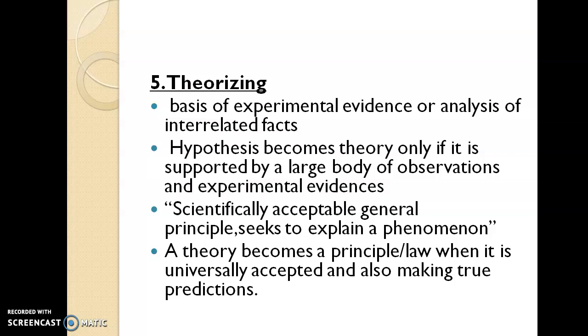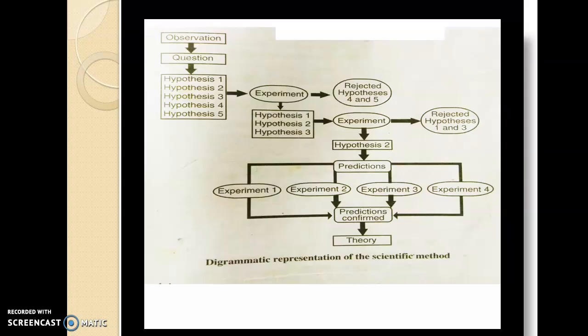So we can see that a theory is a scientifically acceptable general principle which seeks to explain a phenomenon, and this theory becomes a law or principle when it is getting universally accepted. So after testing the hypothesis, the result will be a theory, and if the theory is accepted globally, we can say that this theory becomes a principle or law. Okay, so that is called theorization.